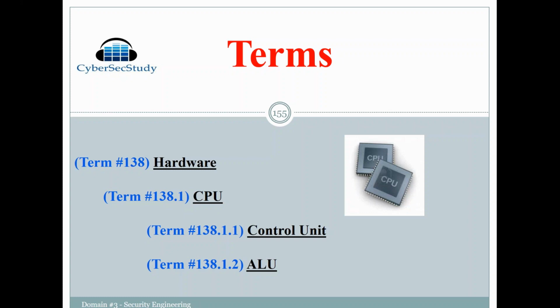It's controlling traffic in the CPU. This program can use this part of the CPU. Now this program can use it, and so forth. The arithmetic logic unit performs calculations of a numeric nature and comparative logic functions. So the control unit is the traffic cop. The ALU is the calculator of a CPU.